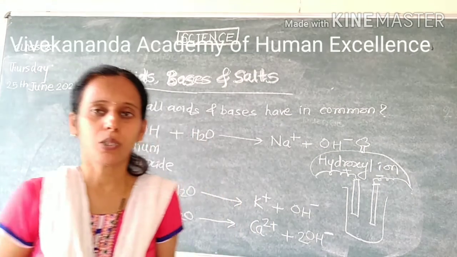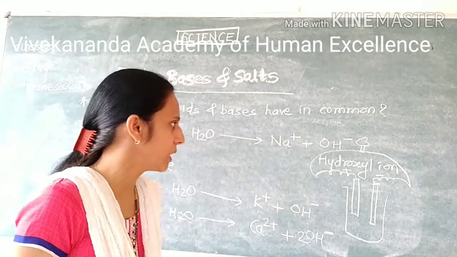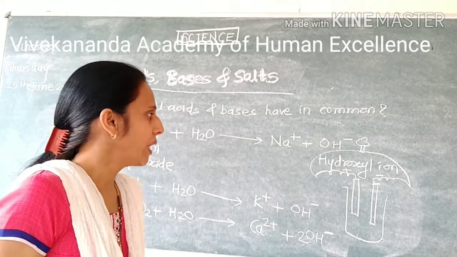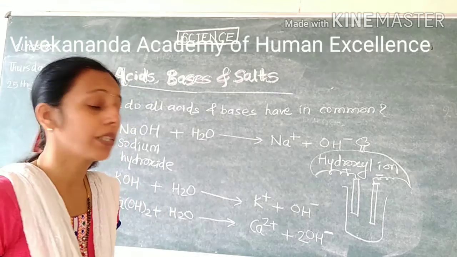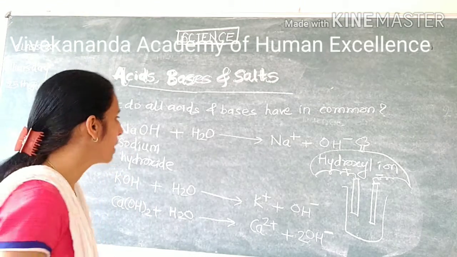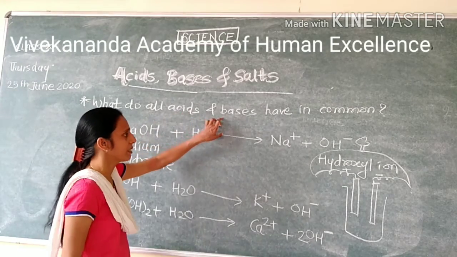It means that due to separation of the ions, positive and negative ions, when we connect the bulb in between, it glows. So that is what is common in acids and bases.